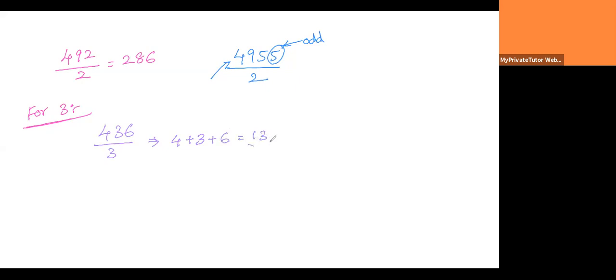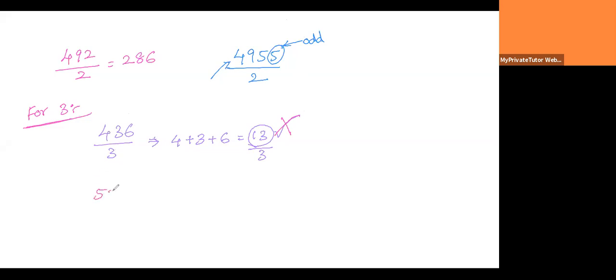Once you have added all the digits, if that sum is divisible by 3, then the original number is also divisible by 3. In this case, 13 is not divisible by 3, isn't it? So 436 is not divisible by 3.